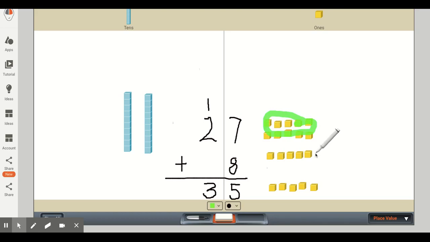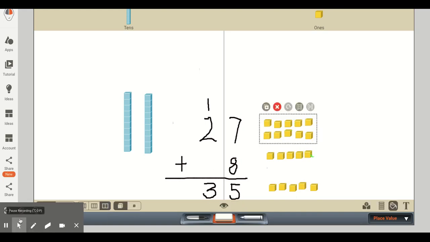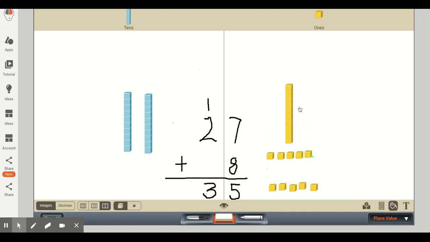So the 5 ones is brought down as 5 ones, and then the 1 ten will actually show as a 10. These 10 ones now become 1 ten, and we'll bring it to the 10 side.